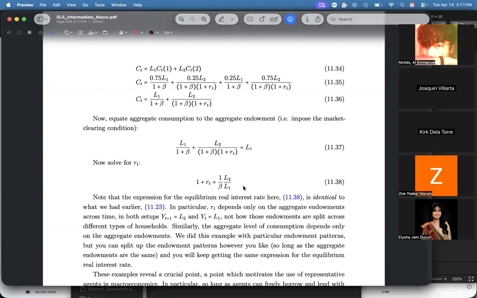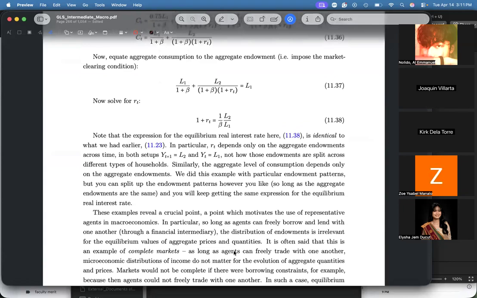Your IS curve still looks like 11.38, which is identical to 11.23. So the only thing that matters here for the IS curve is the relative size of L2 versus L1, or the aggregate endowments in both setups, L2 and L1.